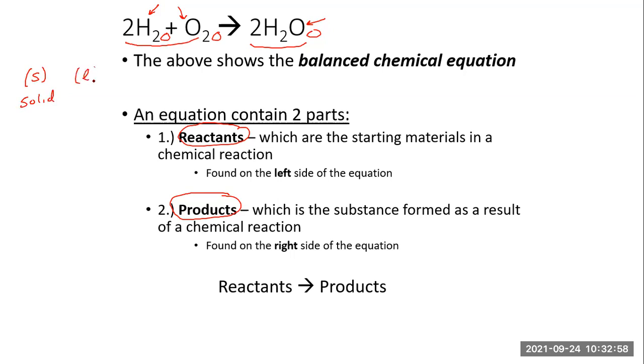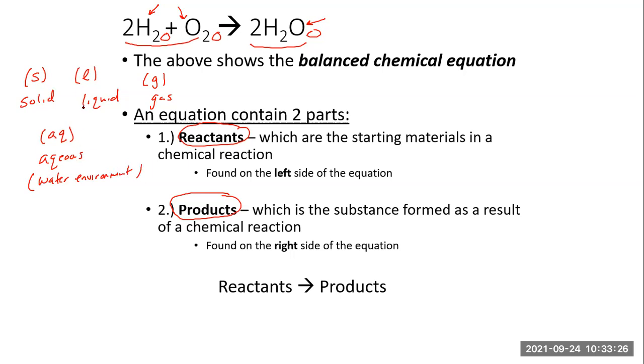If you see an L, it represents the liquid state. If you see a G, it represents the gas state. Another very common symbol that we see is AQ, and AQ means aqueous. Basically what that means is it's a water environment, and it's really a solution.